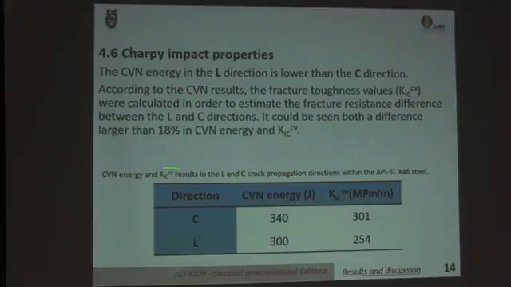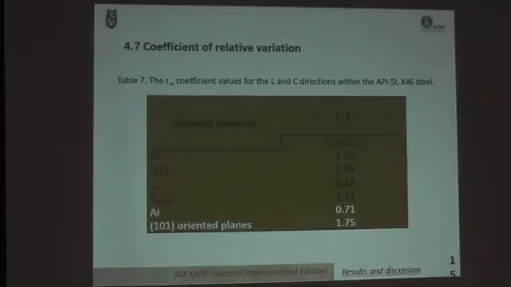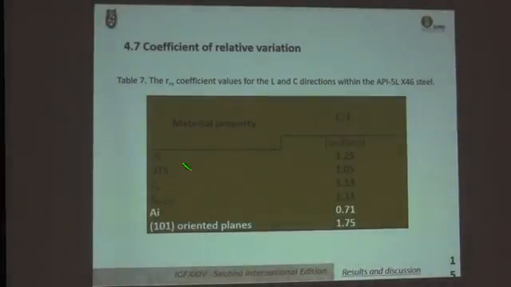The Charpy properties show us a difference in the two directions, and the fracture resistance shows a difference of around 18% between those directions. And finally, we used a coefficient of relative variation that establishes that there is a relationship between the mechanical characteristics and the microstructural characteristics.